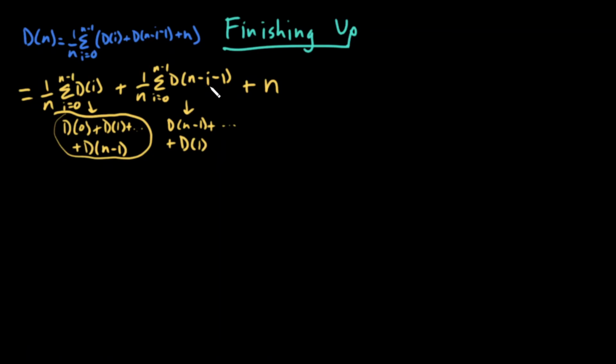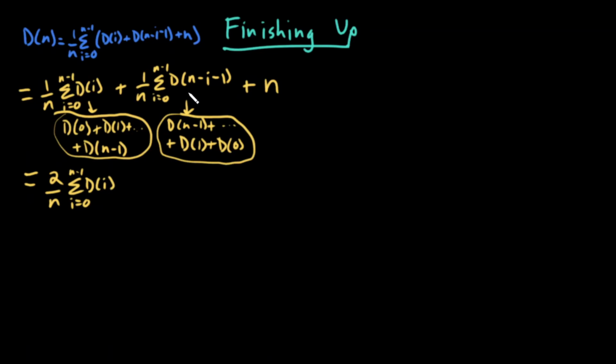And when i equals n minus 1, this is just d of 0. So this sum and this sum are actually the exact same sum, just summed in two different orders. One goes from 0 to n minus 1, the other from n minus 1 to 0. It's the same exact sum. So we could say that this equals 2 over n times this sum, because they're the same thing, plus n.